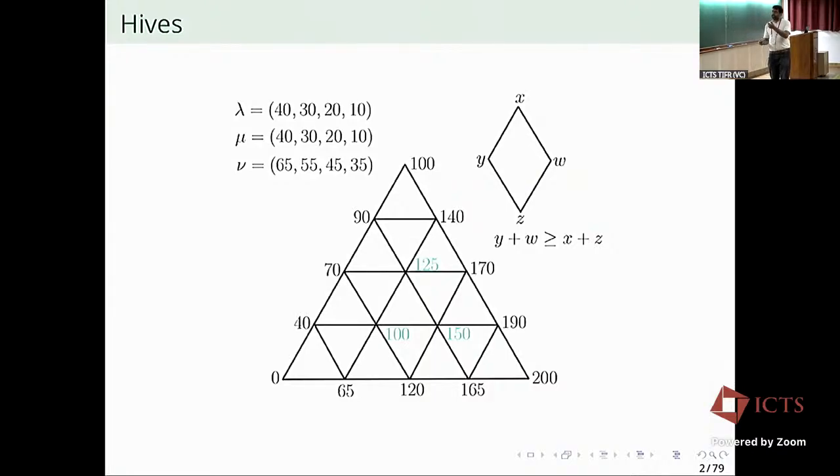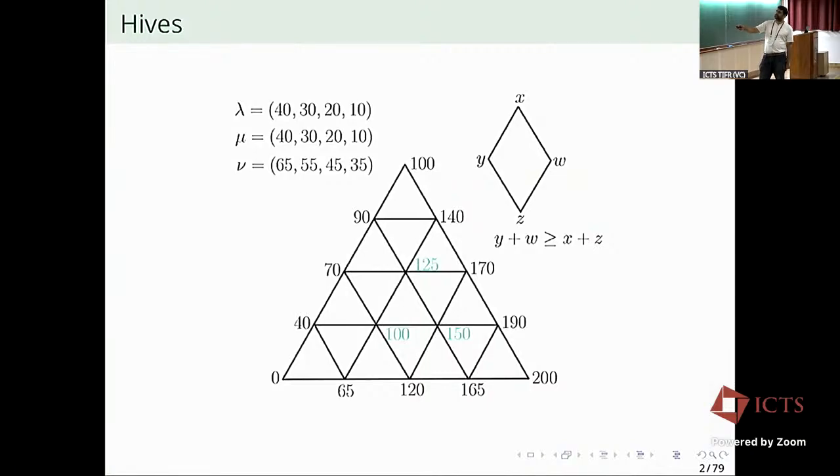So a hive is an assignment of numbers to the interior vertices in such a way that when you take the piecewise linear extension to the entire triangle, for example, here if I've written 100, 150, 125, inside this I will have to interpolate with a flat linear function.